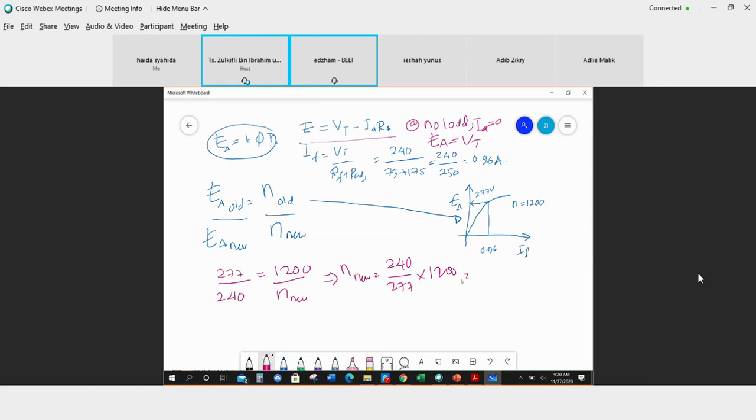So your speed at no load is equal to 1040 rpm. So therefore your speed at no load is 1040 rpm.